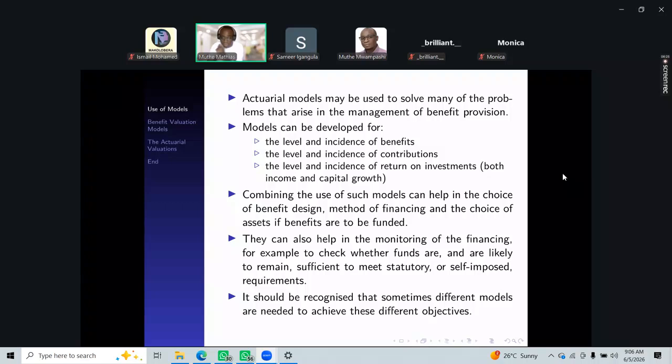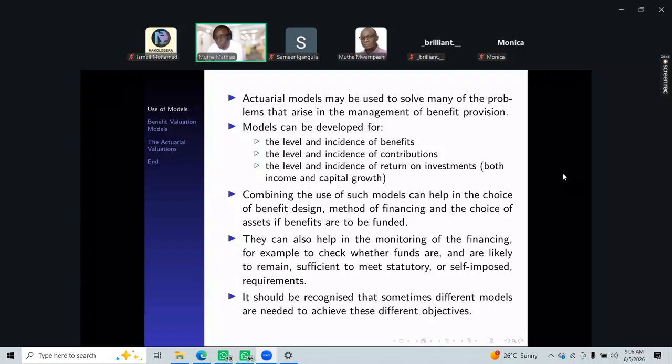And stuff like that. So when it comes to projection of benefits, generally, we are referring to, not only benefit, by the way, so there can be contributions. So in general, when we talk about projection, we are referring to two main things here. So we are referring to the projection of the level and also the incidence, right?